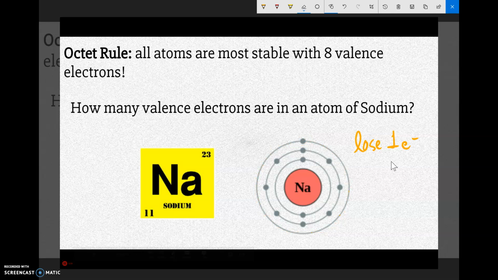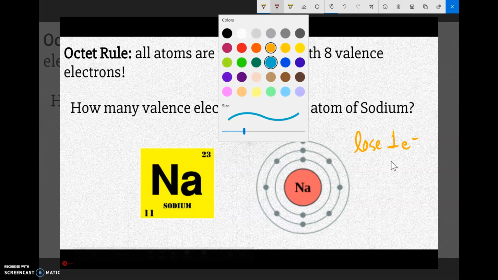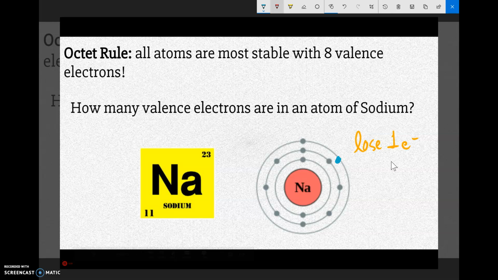Another option is for it to gain 7. So if we add 7 more, now this outer shell has 8 total electrons.